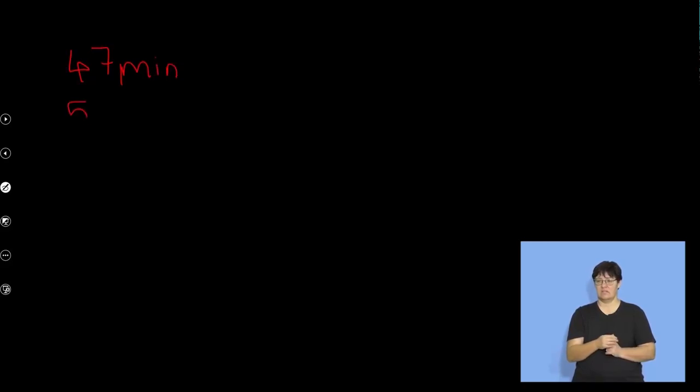Okay, and 50 seconds. Now, the first thing is I can't work with minutes and seconds. I need it to only be minutes, or I need it only to be seconds, okay? So I could work this out in kilometers per minute, or per second, and speed needs to be meters per second because it works with distance, and my unit for distance is meters, and my unit for time is seconds.